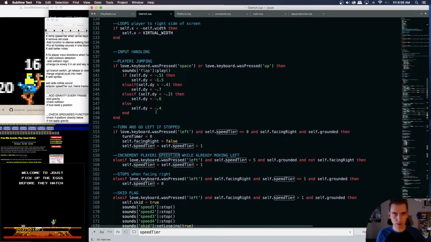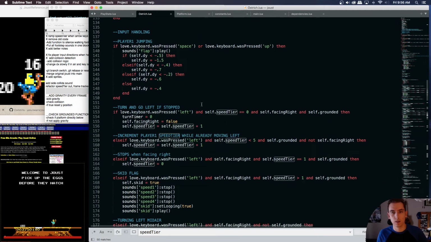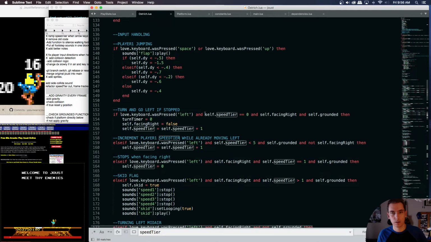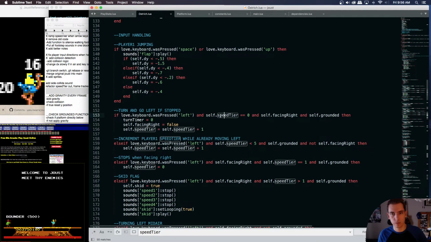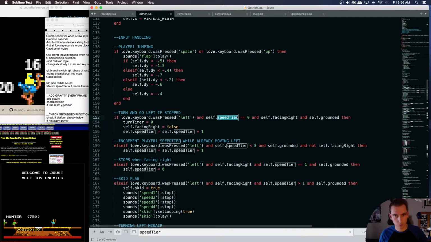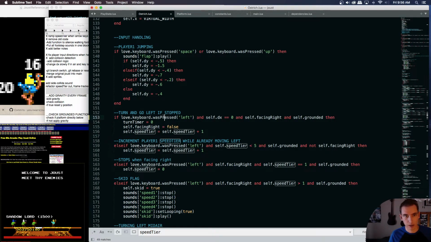Okay. So speed tier's gone. So we need to say if our dx is 0 and facing right and grounded, and I'm pretty sure this will turn and go left if stopped, because yeah, we need this to be is down.